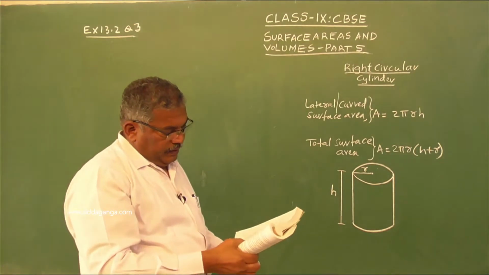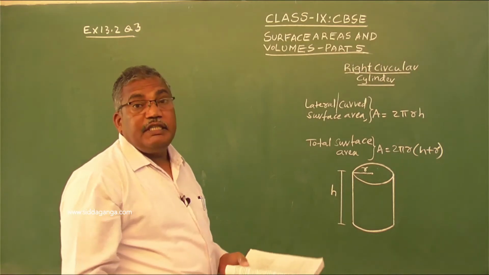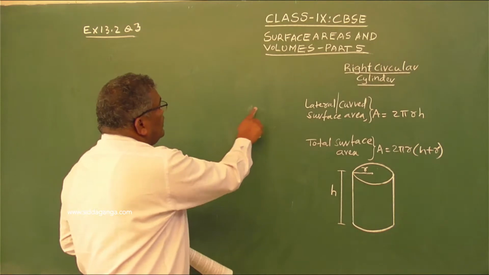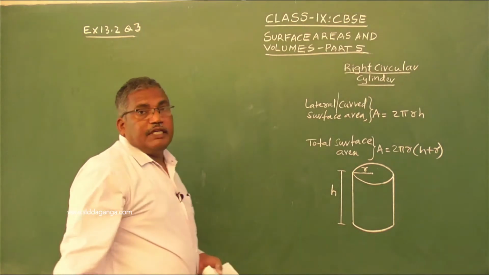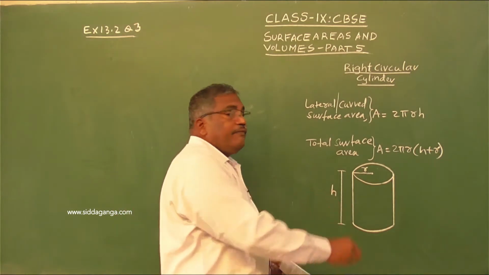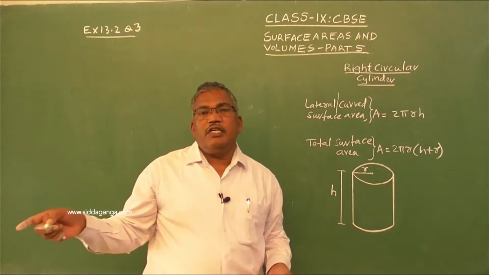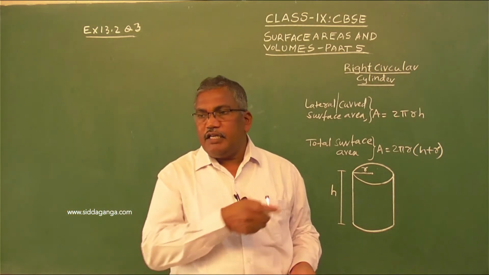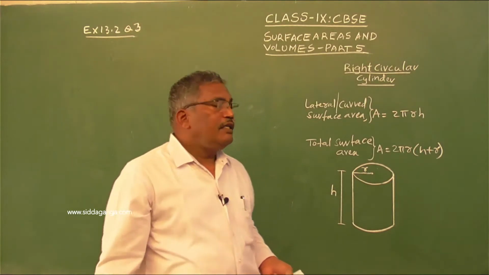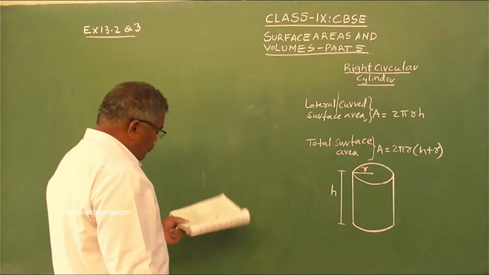A metal pipe is 77 centimeter long. In case of a cylindrical object, whenever they say long, it refers to the height. When we place a pipe horizontally, we call it length, and when we put it vertically, we call it height. Otherwise, it is the h value only.